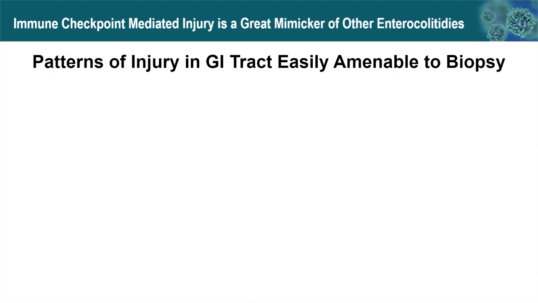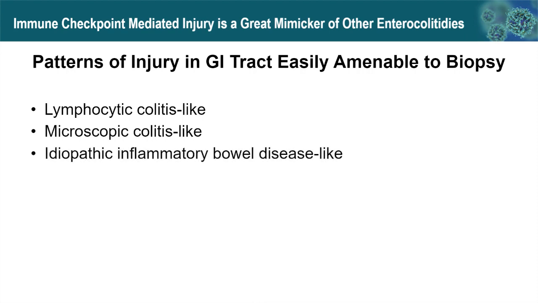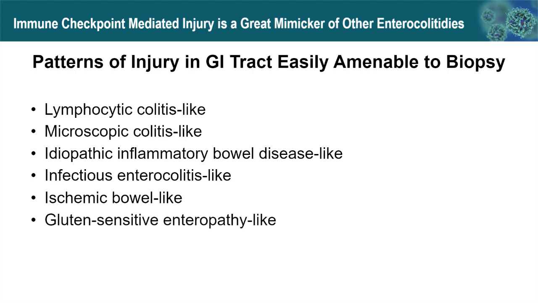The patterns of injury that are most commonly reported are a lymphocytic colitis-like pattern, a microscopic colitis-like pattern, an idiopathic inflammatory bowel disease-like pattern, an infectious enterocolitis-like pattern, an ischemic bowel-like pattern, and a gluten sensitivity enteropathy-like pattern of injury involving the upper GI tract.